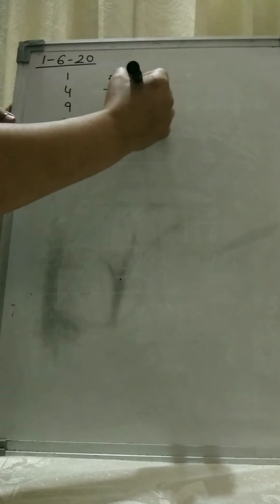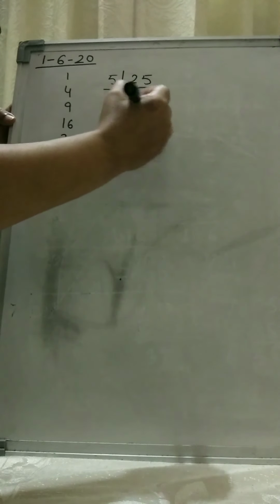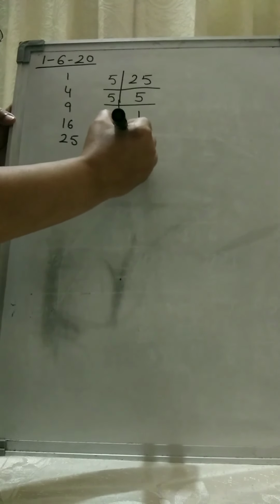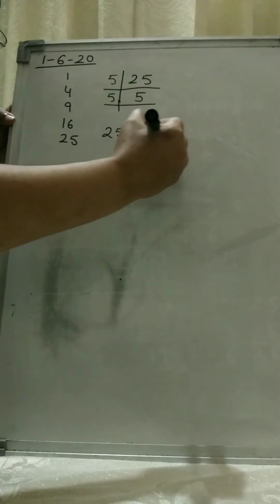Why these are perfect square numbers? Because suppose I take 25 and I write its prime factors: 5, 5 and 1. So 25 is equal to 5 multiplied by 5.